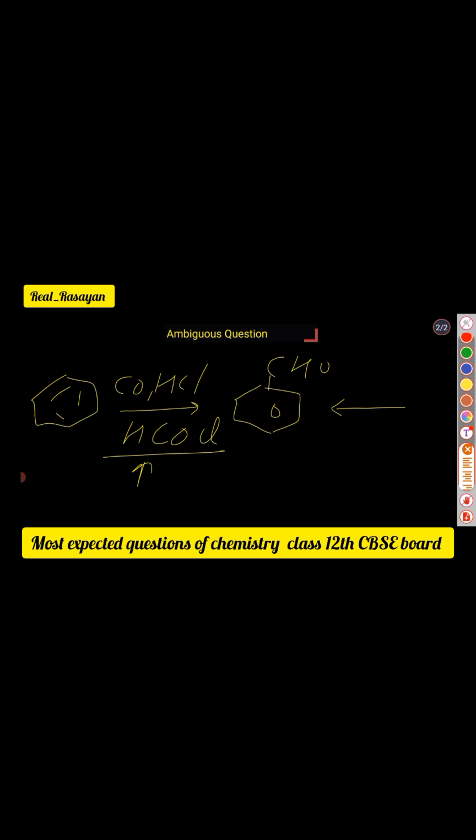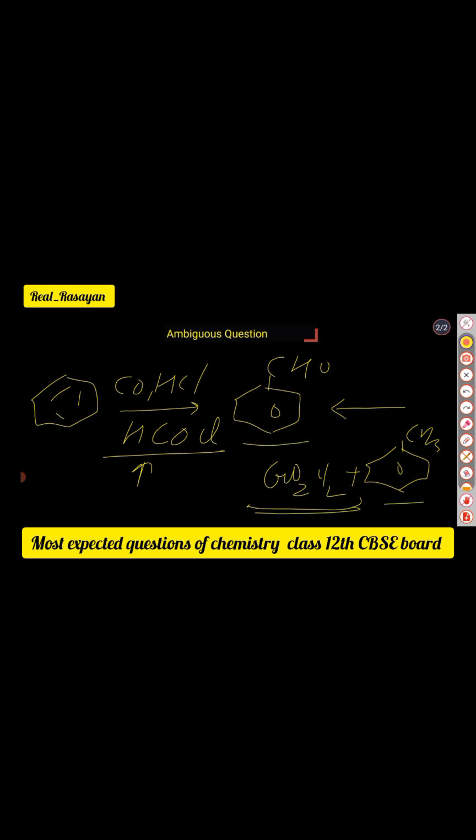But if methyl benzene is treated with CrO2Cl2, this is chromyl chloride. Methyl benzene treated with chromyl chloride also gives benzaldehyde.